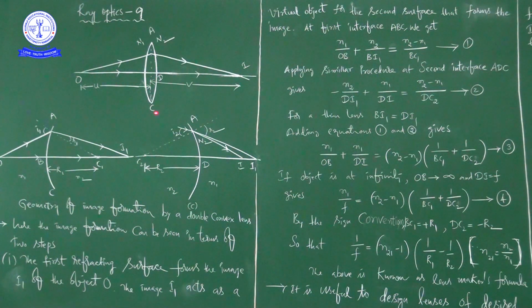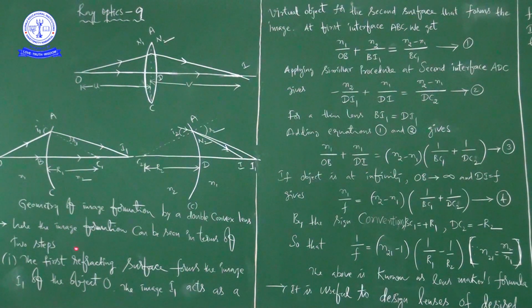So this is the picture. I already explained what is what, and this picture relates to these two pictures. It is the first curved surface and it is the second curved surface. Now I am going to explain the theory. It is like a heading: geometry of image formation by a double convex lens.